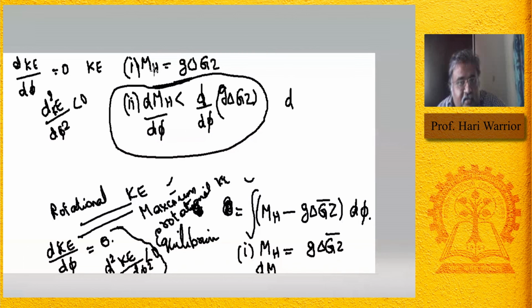Both can occur under the same condition, MH is equal to G delta Gz. So MH equal to G delta Gz implies that the heeling moment and the righting moment are equal, which means that you have a position of equilibrium. That's all.